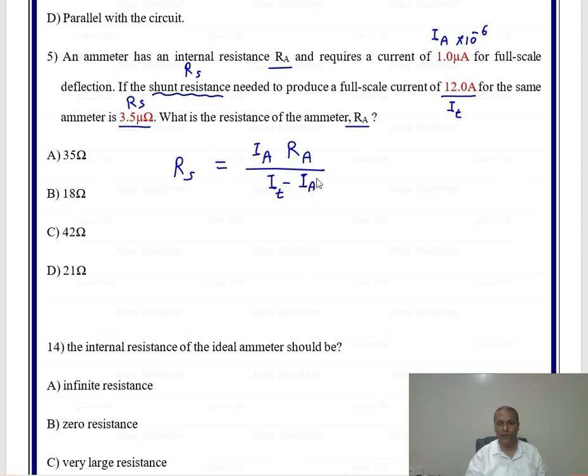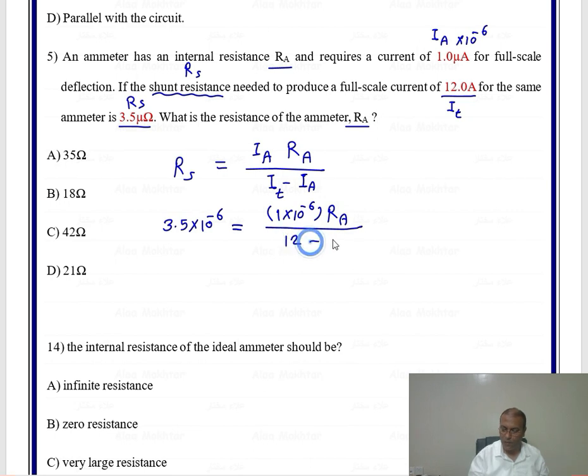Ia is the ammeter current. Rs is 3.5 multiply 10 to negative 6. I ammeter is 1 times 10 to negative 6 multiply R ammeter unknown over I total, which is 12 minus 1 times 10 to negative 6.